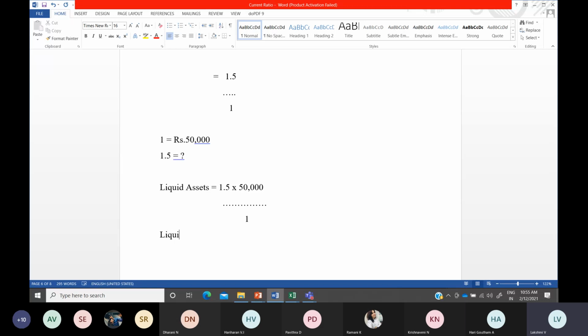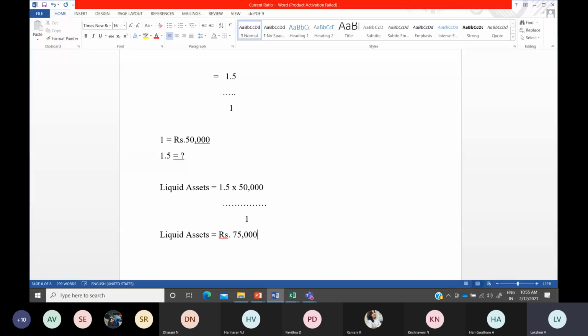So this will be your subdivision 2. Liquid assets equal to rupees, all those things you have to mention. So 1.5 into 50,000 you have to find out. How much are you getting? 75,000.